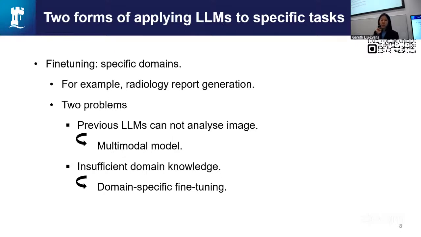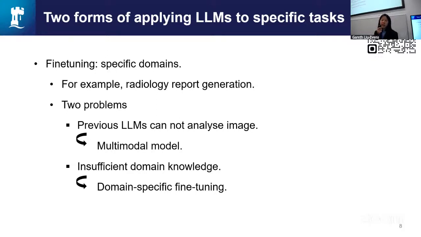As I mentioned before, when we want to apply the large language model to this field, it meets two problems. The first is that the previous LLMs cannot analyze images, so we need to change to multimodal models.